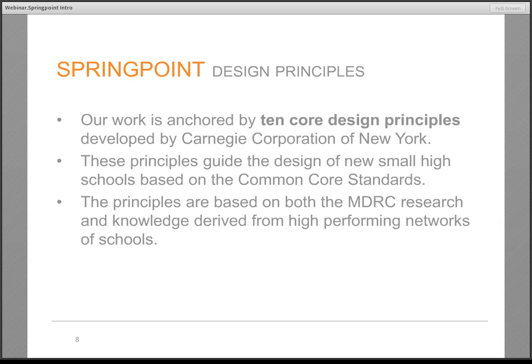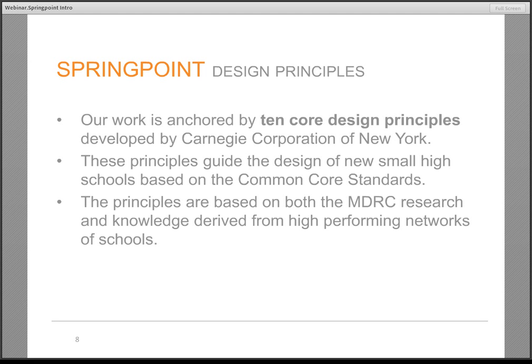We say that they're derived from the MDRC research because the design principles were developed by Carnegie through a scan of design principles used by the New York City Department of Education, by New Visions for Public Schools, and by other high-performing school networks. And then those principles were refined with feedback and contributions from experienced educators.